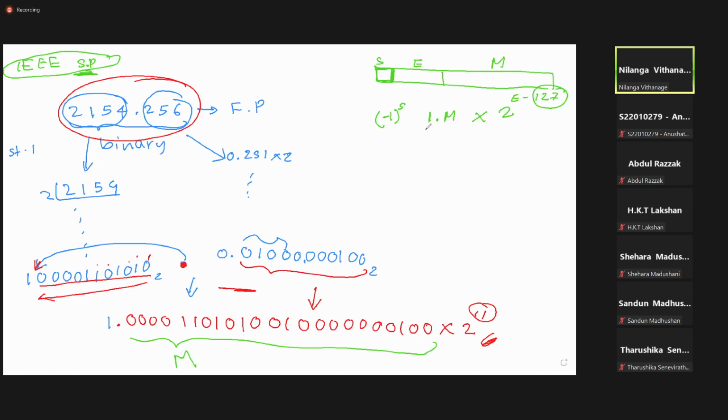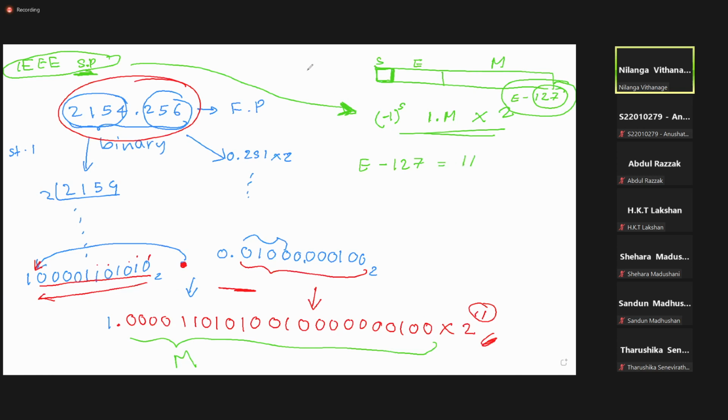Okay, so in IEEE single precision format, the floating point number is written like this, right? So you have to convert this number into this format. So I have to get this E to the power of this value now. To do that, E minus 127 is here.